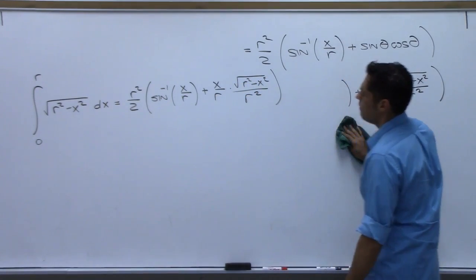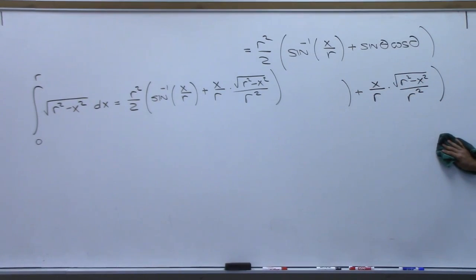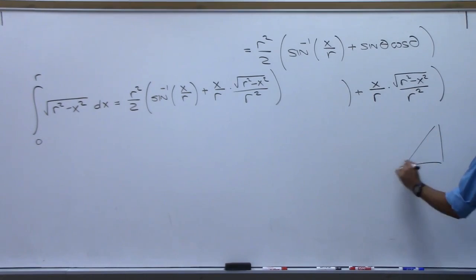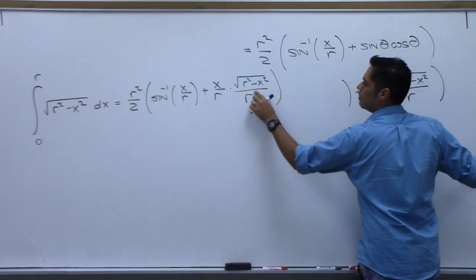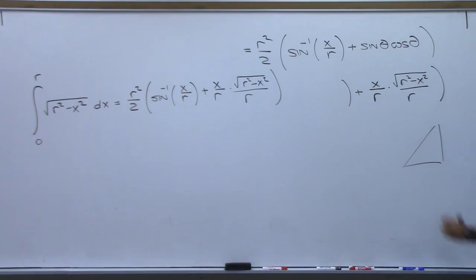Why is that r squared? Where? The last r. Oh, wait, yeah, shouldn't it be r? Off our circle. Yeah, it was r. I don't know why I put r. Thank you. Yeah, because this was root r squared minus x squared, this was x and this was r. Yes, thank you. That would have caused a problem later.